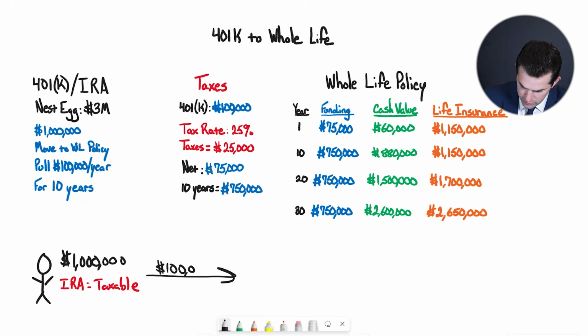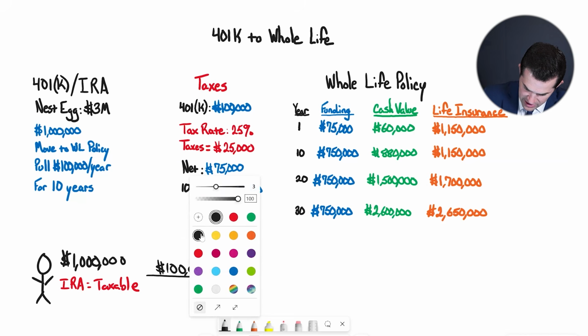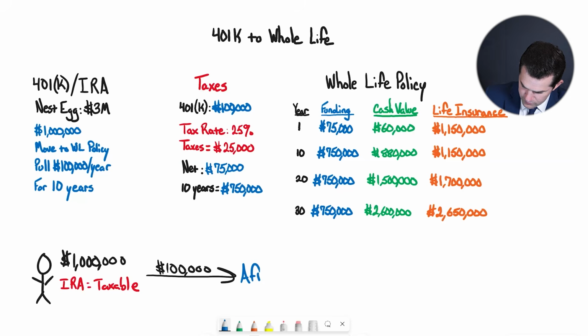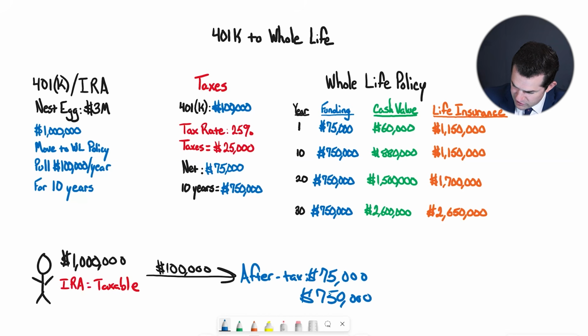I should say you pull $100K per year from your IRA, but because of taxes, after tax, you net 75 per year, which comes out to a grand total of $750,000. And then what we do is move that into a whole life insurance policy, which does several things for us.